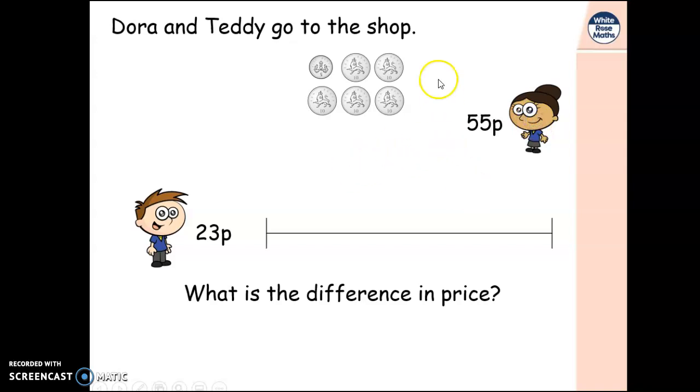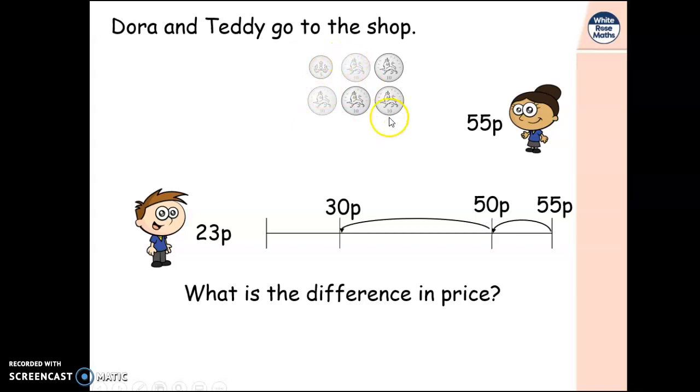We have a number line, largest numbers going at the end, smallest here. Okay, so we've taken 5p away. So then we can take 2 tens away to make 30p.